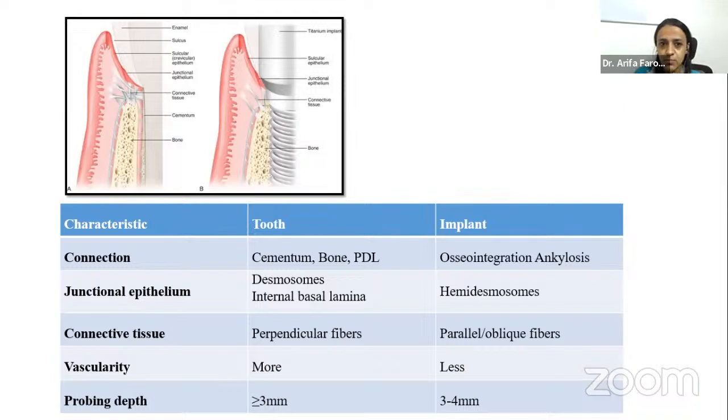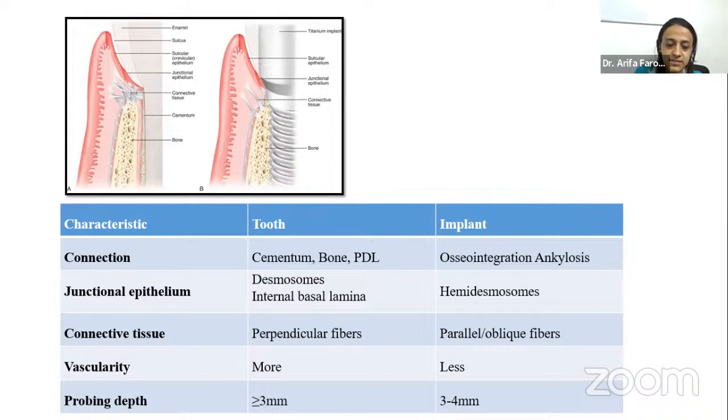The most apical portion of this keratinized tissue ends into a barrier epithelium, which we call the junctional epithelium in a natural tooth. This barrier epithelium joins with the abutment and implant interface, and it separates the epithelial component of the peri-implant mucosa from the connective tissue attachment.